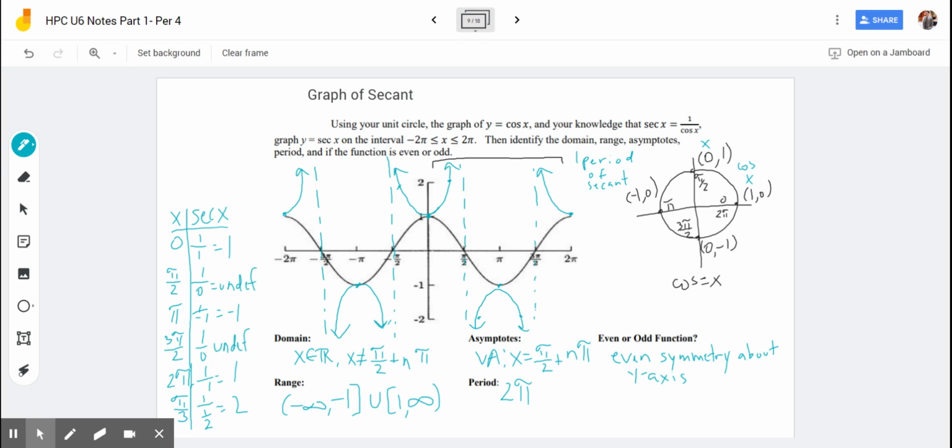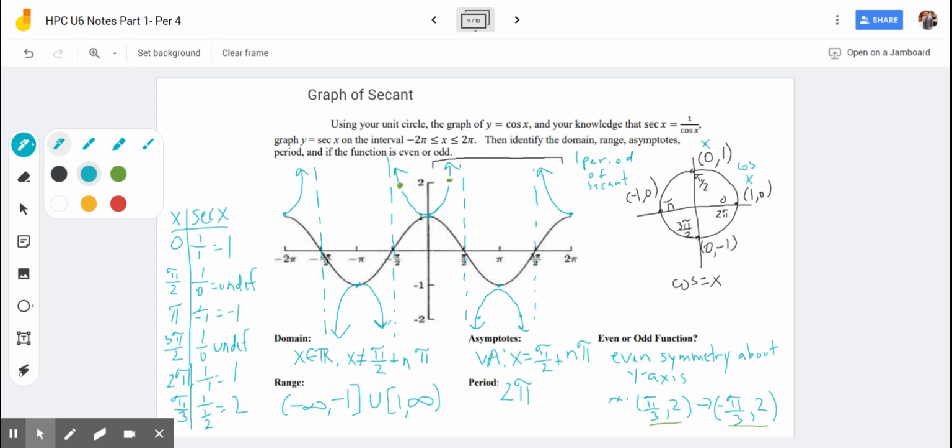And the way we could tell here, for example at pi over 3, we have 2, and if we were to switch the signs, -pi over 3, we would still be at 2. Okay, let me actually do that in green, those points there in green for that graph.